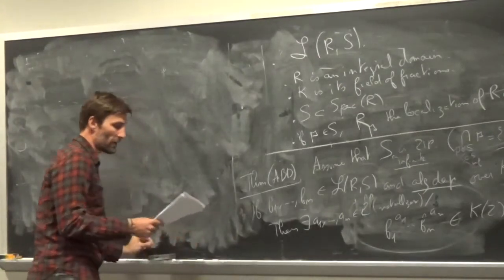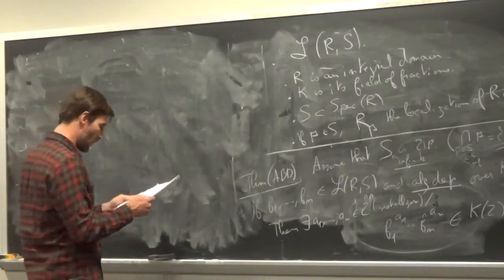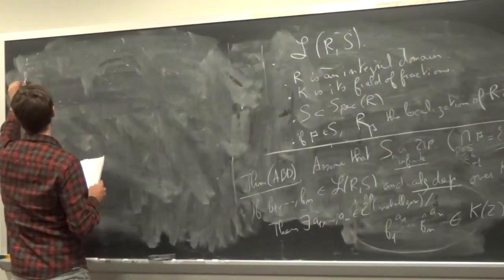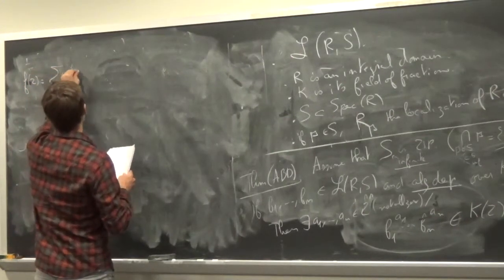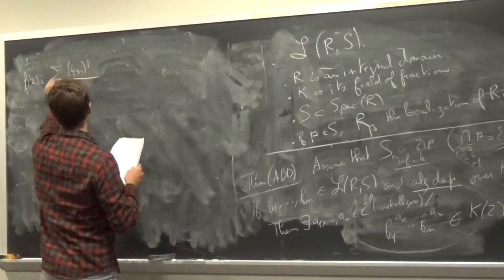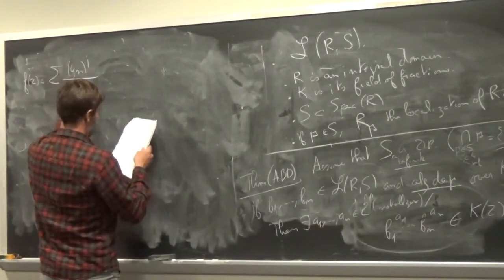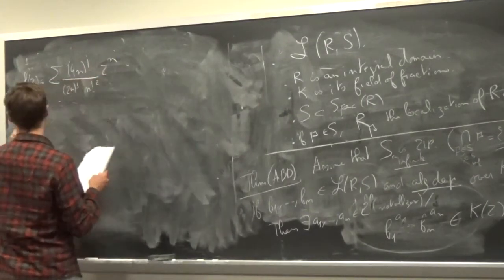So then we have examples with infinite families like this, but also, for instance, if you consider the four functions, f of z is the sum of (4n)! divided by (2n)! (n!)^2 z^n.